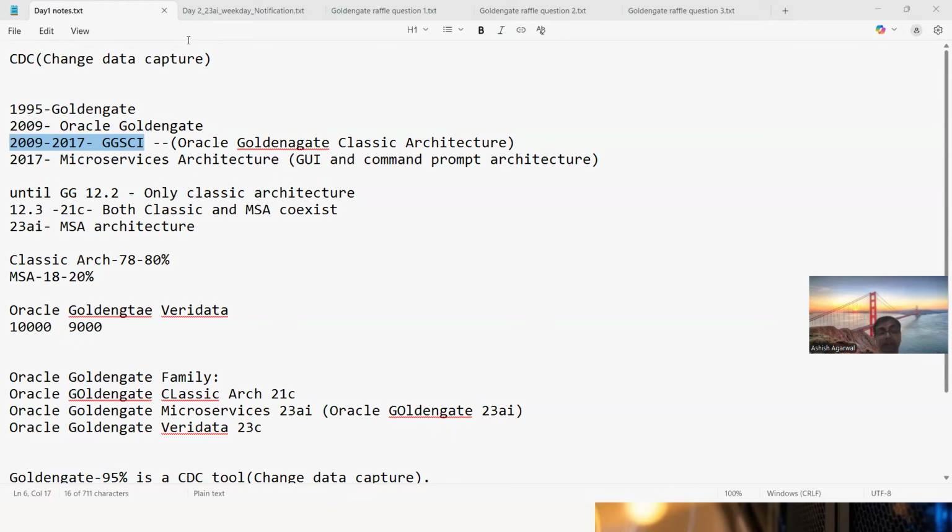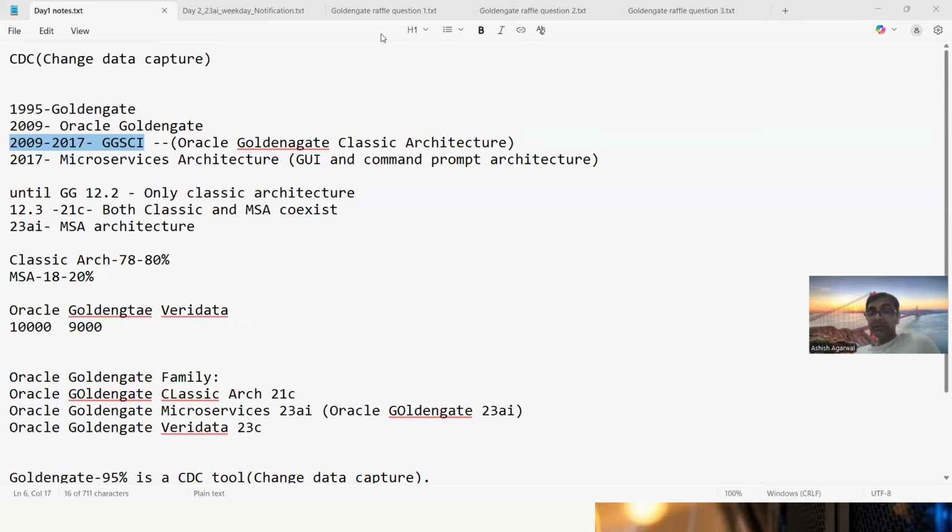And they launched a new architecture of GoldenGate, which is called microservices architecture. It was launched in 2017, and it allows you to set up, manage, troubleshoot, and configure GoldenGate through a GUI as well. Now, because microservices architecture is so much promoted as a GUI based product, people think that it is only GUI.